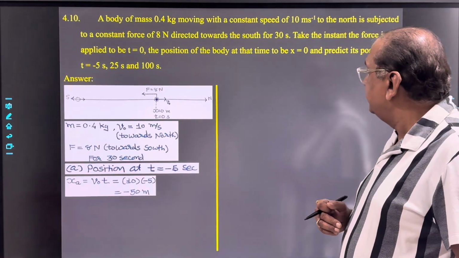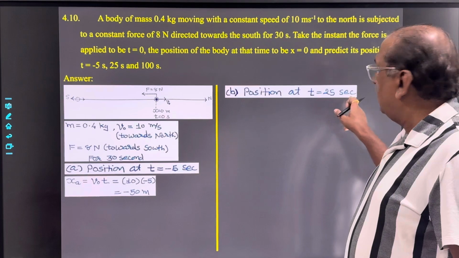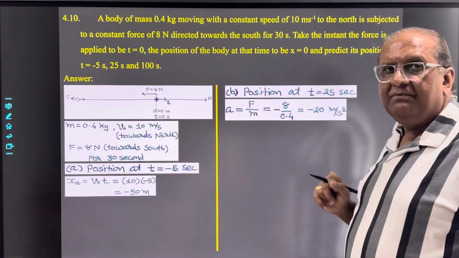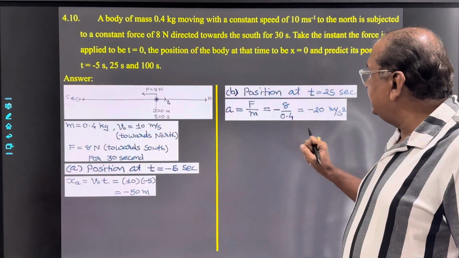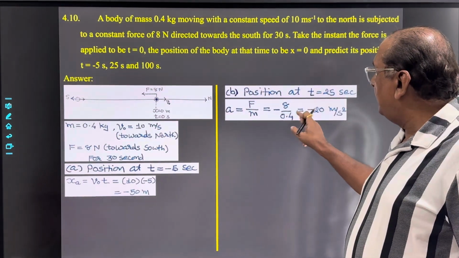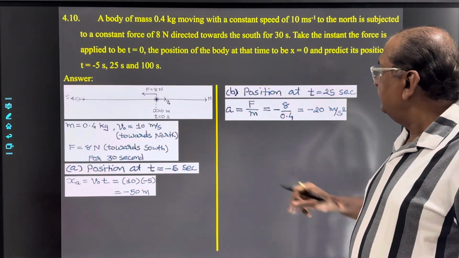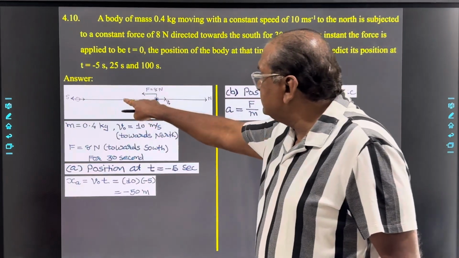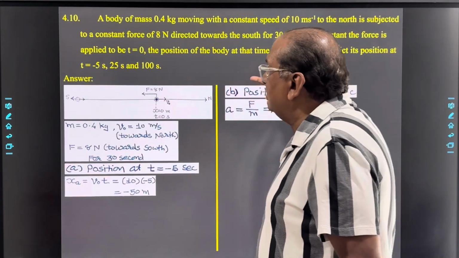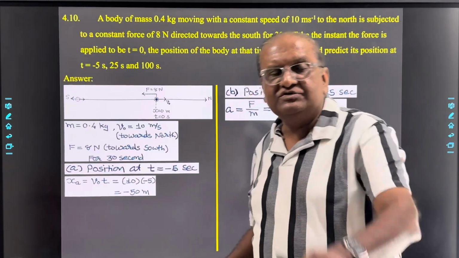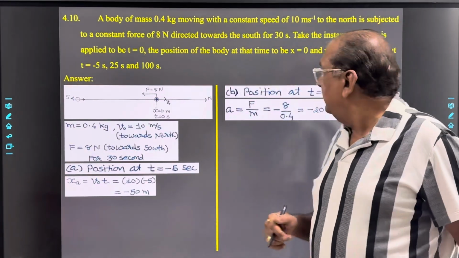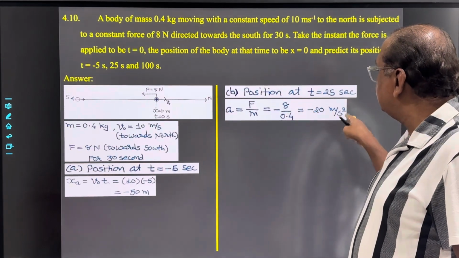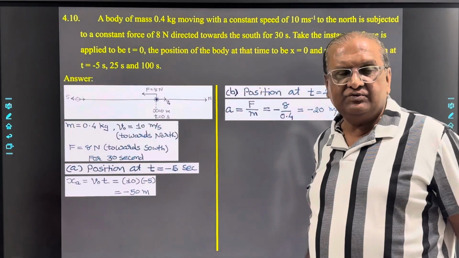Acceleration is force upon mass, constant force applied, that is 8 Newton upon mass 0.4. Now here a negative sign is introduced. Why? Because the body is moving in north direction and the force is applied in the opposite direction. Clear? So minus 8 upon 0.4, that is equal to minus 20 meter per second square.